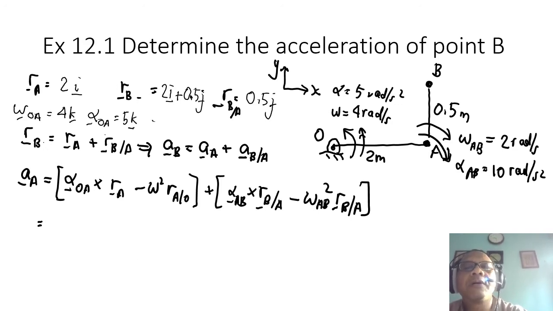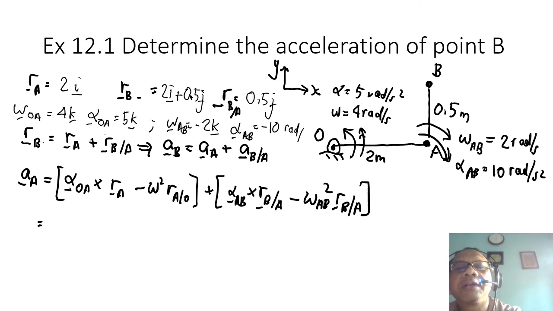What about omega AB? It is in the negative. So it's negative 2k radian per second, and alpha AB is negative 10k radian per second square. So space here, I will write the units there.